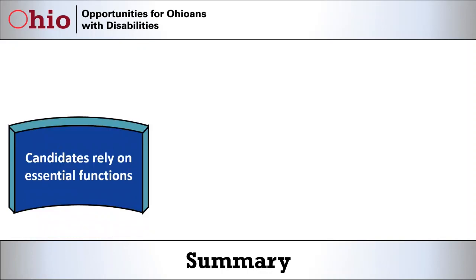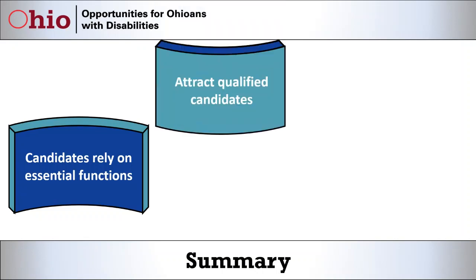So today we discussed how candidates rely on essential functions when they are reviewing job postings and job descriptions to know they are qualified for the job. When employers include essential functions that are written inclusively in these key areas, it can help employers attract more qualified candidates for their open positions. So this gives employers more candidates to consider when searching for the right person for the job.